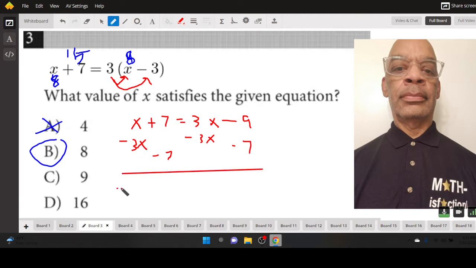On the left, you will have your terms with x, -2x. And on the right, you have your constant terms, -16. Dividing both sides by -2 verifies answer choice B. That's the algebraic approach.